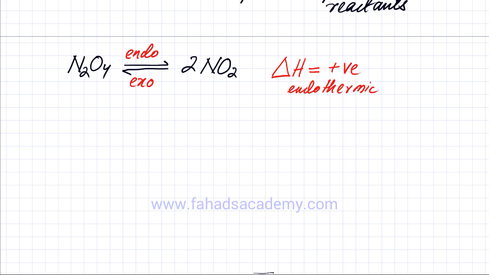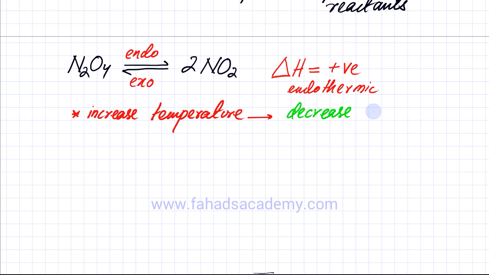So let's say I increase temperature in this case, if this reaction has reached equilibrium in a closed system and a dynamic equilibrium has been reached. What Le Chatelier's principle states is that the equilibrium would try to decrease temperature.